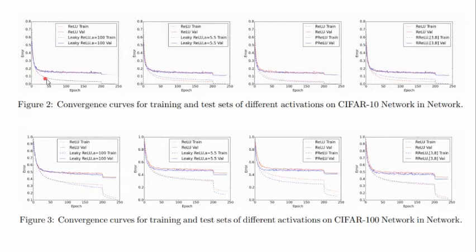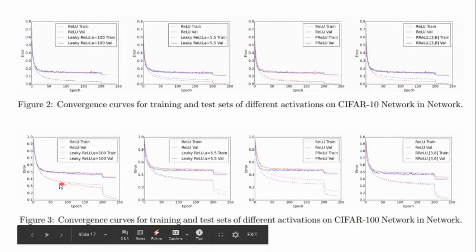You can see they perform similarly, and when we have Leaky-ReLU with alpha equal to 5.5 in training, it outperforms the ReLU slightly, and parametric ReLU slightly overfits the model, and randomized ReLU outperforms ReLU by a significant amount, as you can see over here.